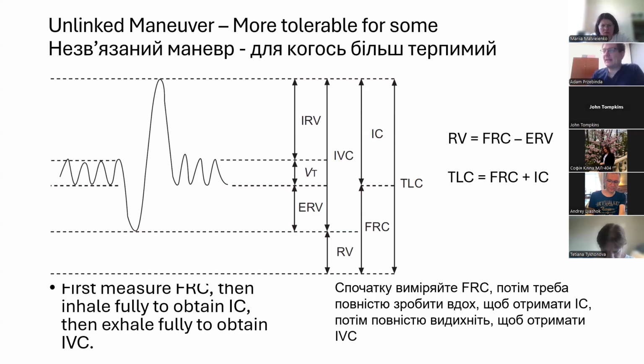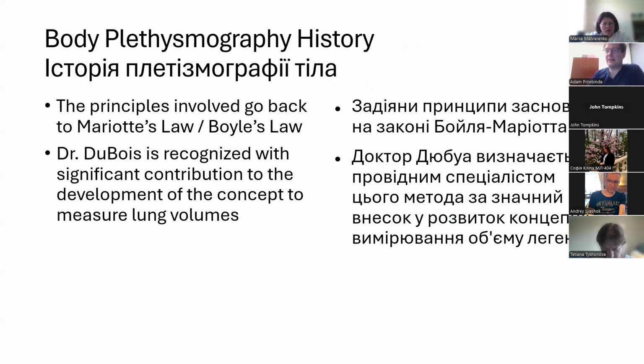All right. A little history. The principles in body plethysmography are very simple, but cleverly applied. And they go back to, I think in the US, we typically call it Boyle's law. But Mariotte, I think, was French, maybe, and they together had the same ideas.